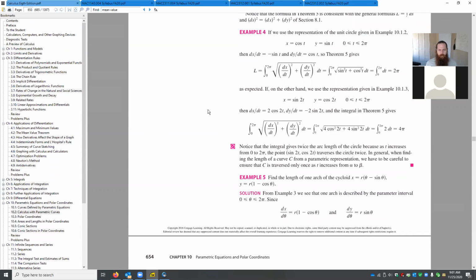So rather than going through the circle example here, which is pretty trivial, let's find the length of one arc of the cycloid.